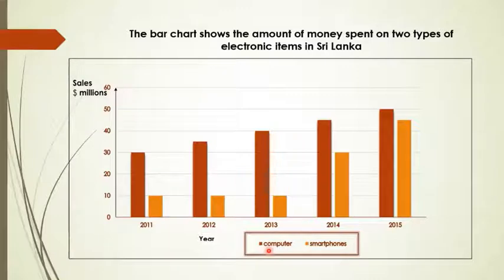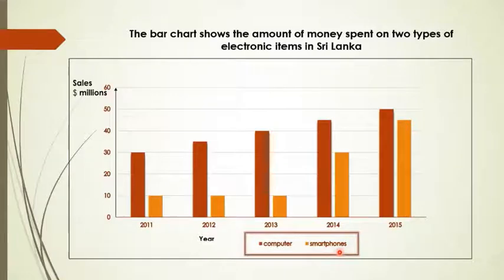Computers and smartphones. So what is the country? Sri Lanka. Now you can see the columns. The taller ones represent computers, and these columns represent smartphones.